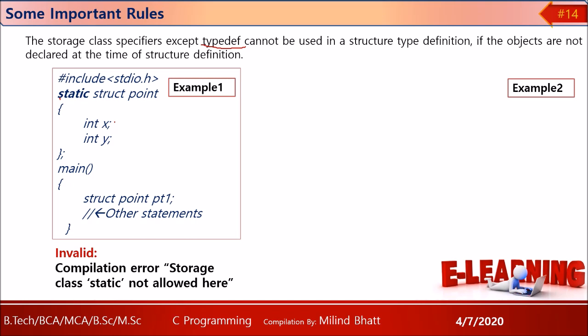In main, I am creating its object struct point pt1. This will create a compilation error: storage class static not allowed here. If I mention static as a storage class, keeping in mind that this structure is defined outside main, it is not possible. What I can mention over here is only typedef.